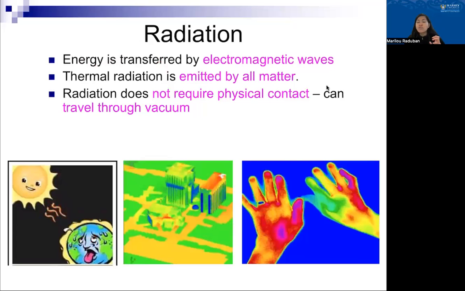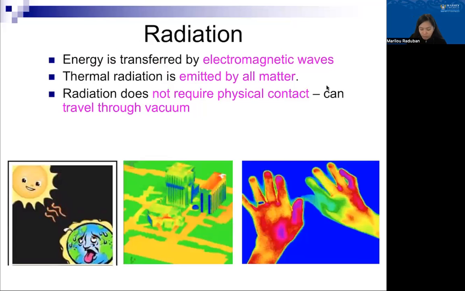As opposed to heat transfer by conduction, where we also looked at the atoms inside the object. But heat transfer by conduction needs physical contact so that the atoms can collide with neighboring atoms in maybe another object. And it's via the collision of the atoms that heat is transferred by conduction.